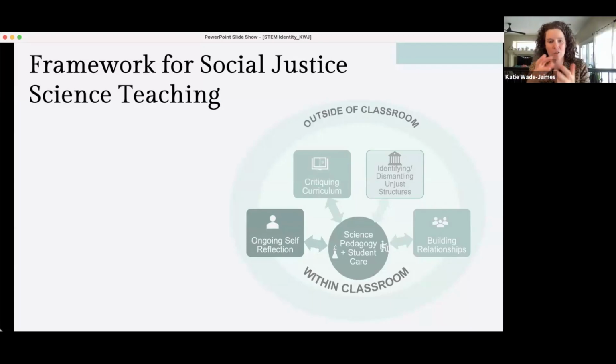How did they deconstruct those and create curriculum that was meaningful and valuable for their students? These teachers also were able to use this framework of identity to identify and dismantle some of these unjust structures that we think about in terms of things like standardized testing, school choice, things like that.